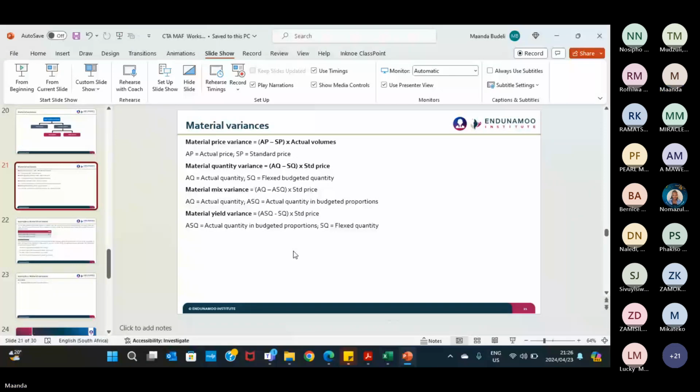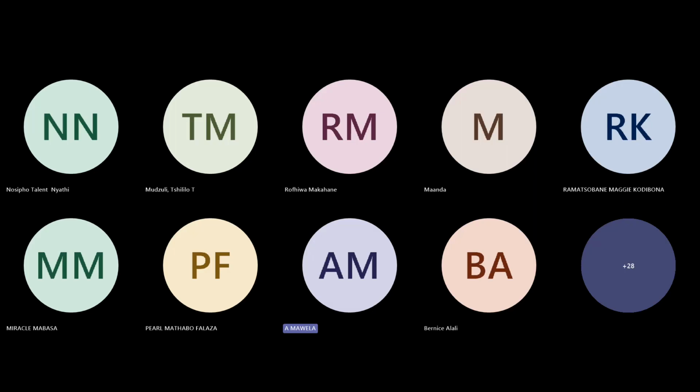Any questions before we finish? With regards to sales mix and sales yield variance, will this be the same way, if you're selling multiple products? There will be a bit of difference. The first thing you need to think about is which system do we use: absorption costing or variable costing?